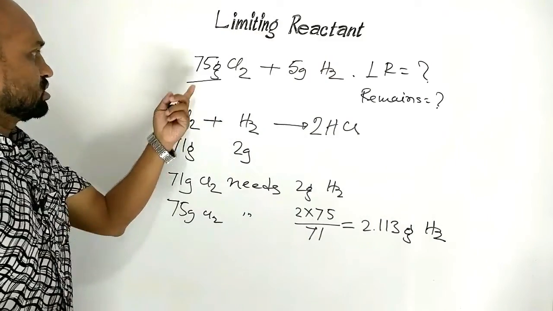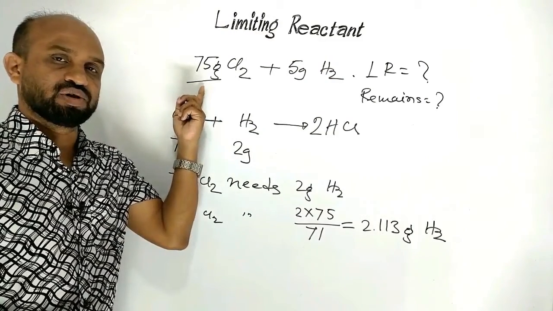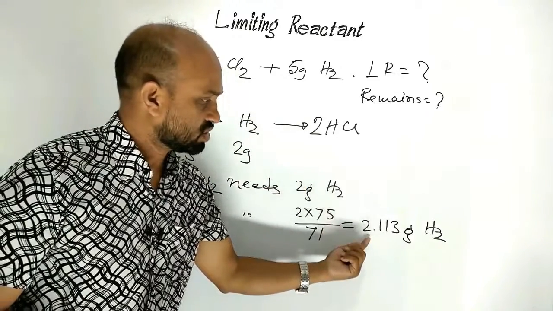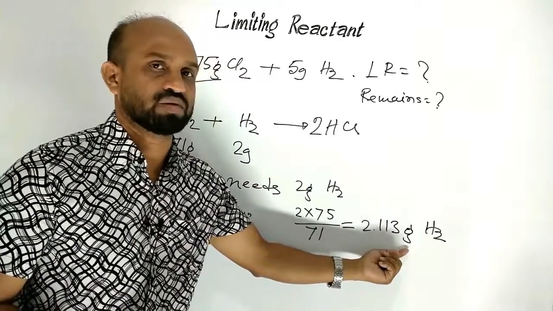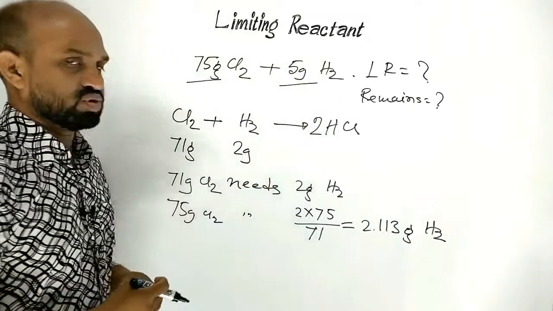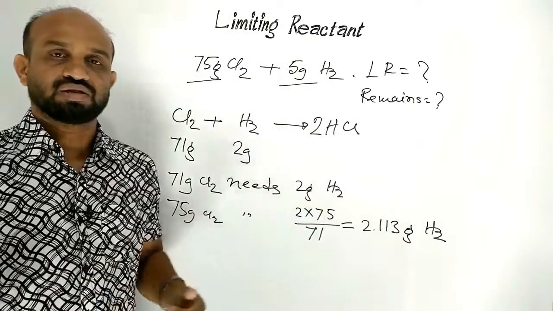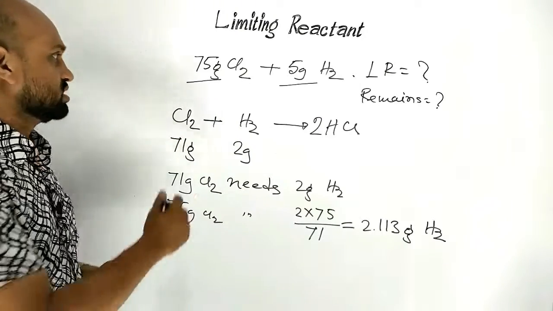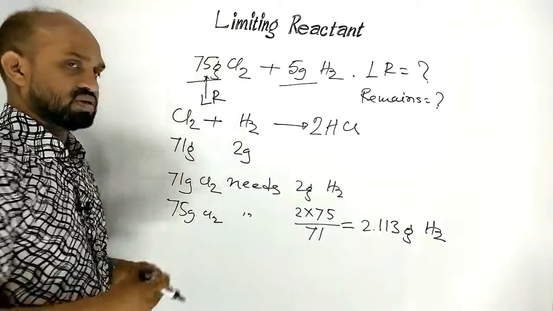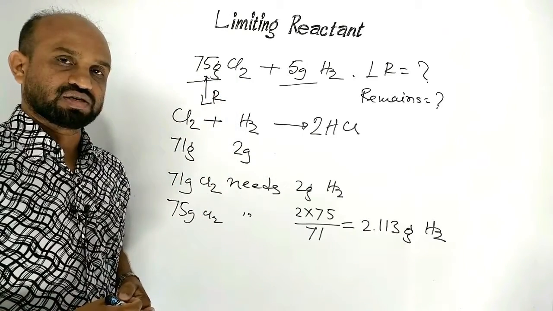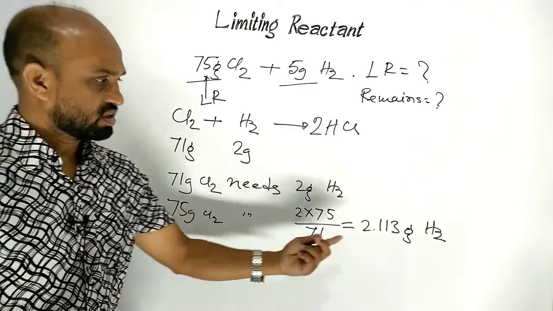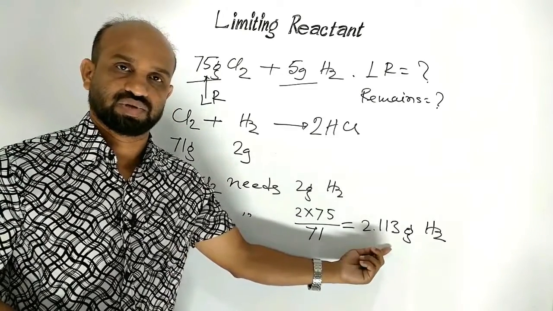So for 75 gram chlorine, the required amount of hydrogen is 2.113 gram, but here we have 5 gram. So hydrogen is the excessive reactant, then chlorine will be the limiting reactant here. So in this reaction chlorine is the limiting reactant and hydrogen is the excessive reactant.